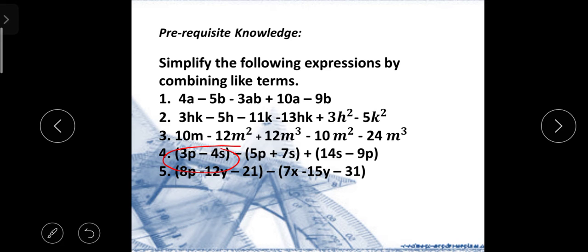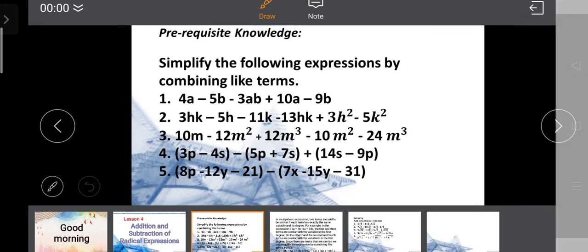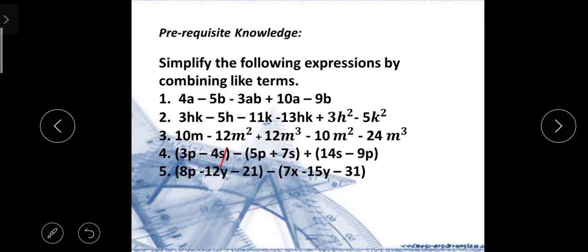Yung isa P, yung isa S. Ganun din po dito. Okay? So, yan naman ay meron pa ring indicated operation sa labas ng parenthesis. So, pagsasama-samahin lang din natin lahat, kasi ganito siya. As if wala na rin yung parenthesis.